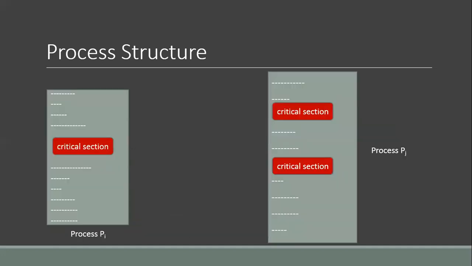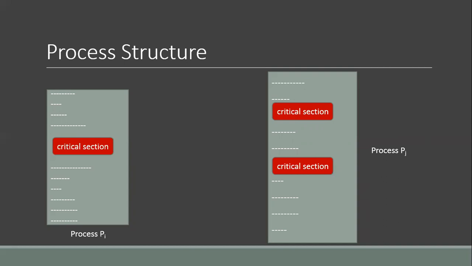This figure shows the structure of two cooperating processes, process Pi and process Pj. Process Pi has one critical section, and process Pj has two critical sections.